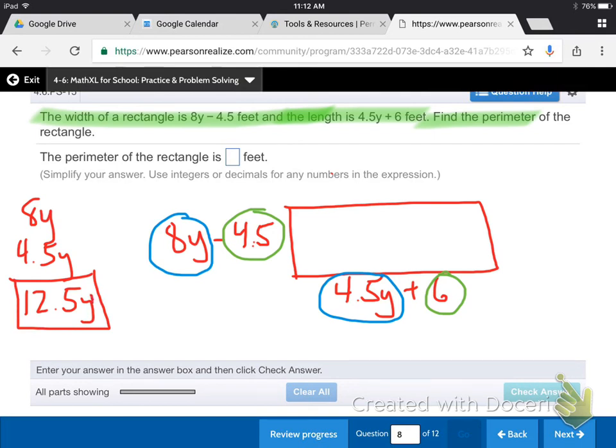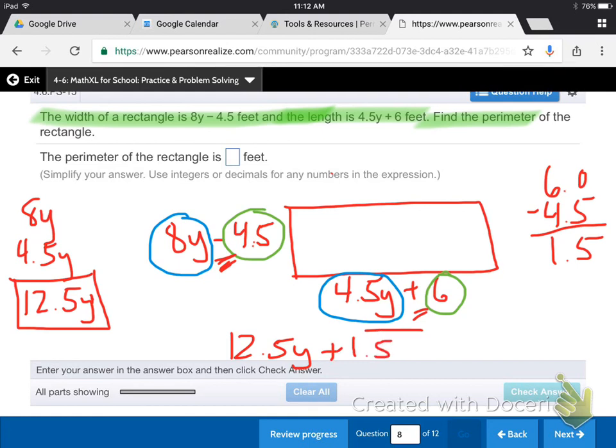And we know that 6 take away 4.5, that's 6.0, because the 4.5 was negative. Do you remember that right there? So 6 was positive. So 6 minus 4.5 is 1.5. And so our final answer would be 12.5y plus 1.5. That is what we put in our answer.